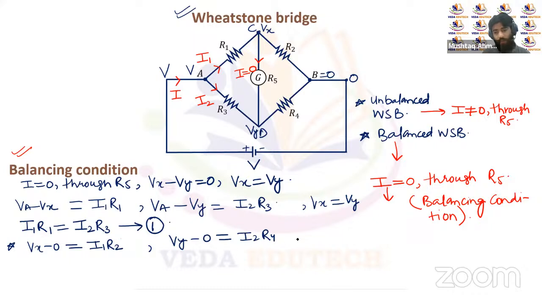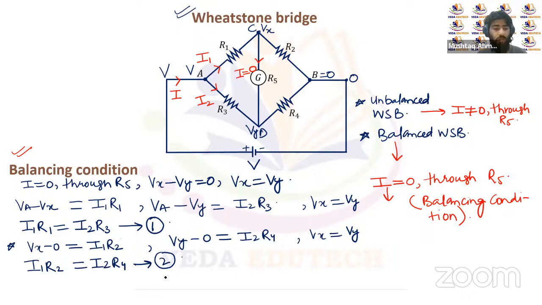Once again, Vx is equal to Vy, so I1 R2 has to be equal to I2 R4. Let me call this equation second.